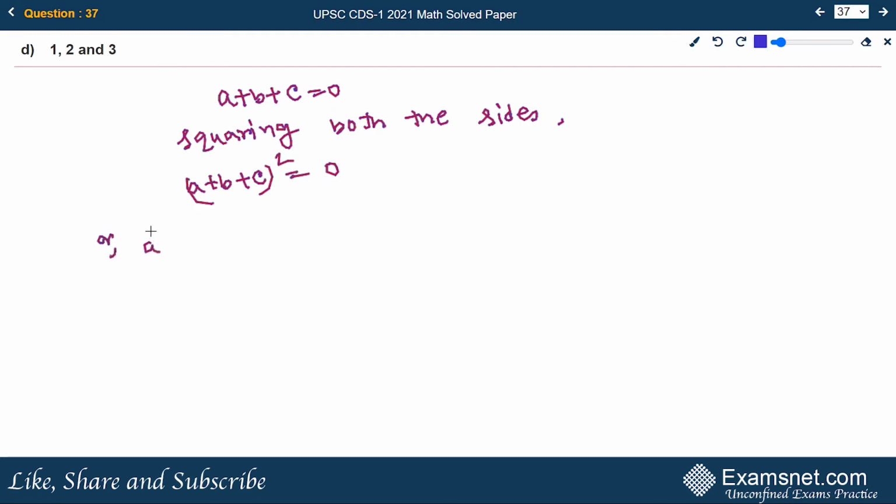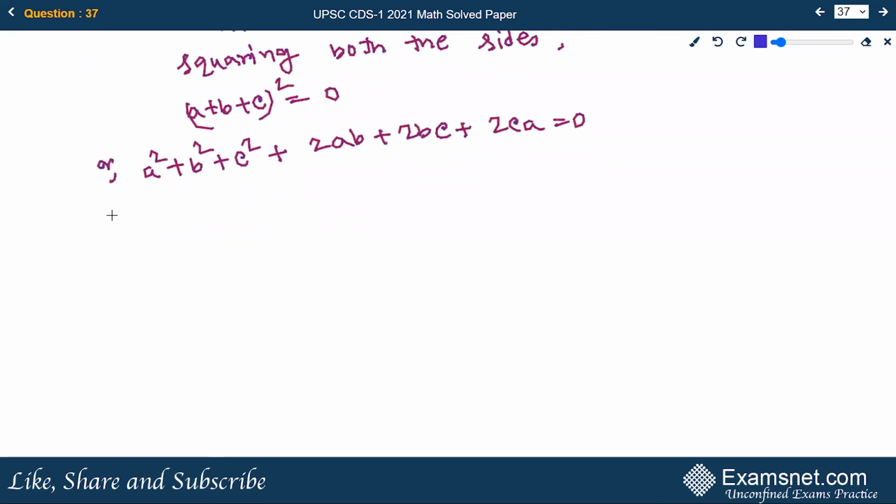So it will result in A square plus B square plus C square plus 2AB, 2BC and 2CA equals 0. So that means I can further write A square plus B square plus C square, after taking common 2, plus 2 times (AB plus BC plus CA) equals 0.